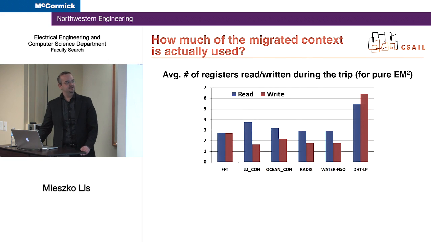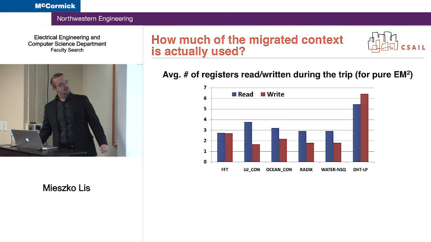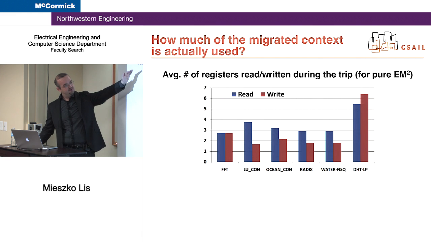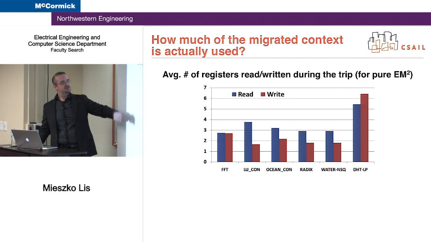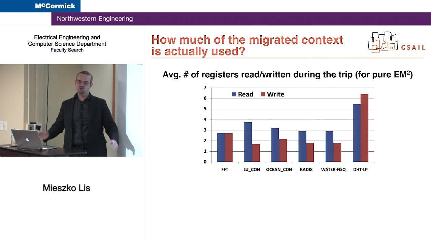Another question is, if you're going to migrate this thread context, how much of it should you migrate? So we did some experiments. Out of 16 architecture registers, this is x86-64, in most cases only very few are used once you make a migration.